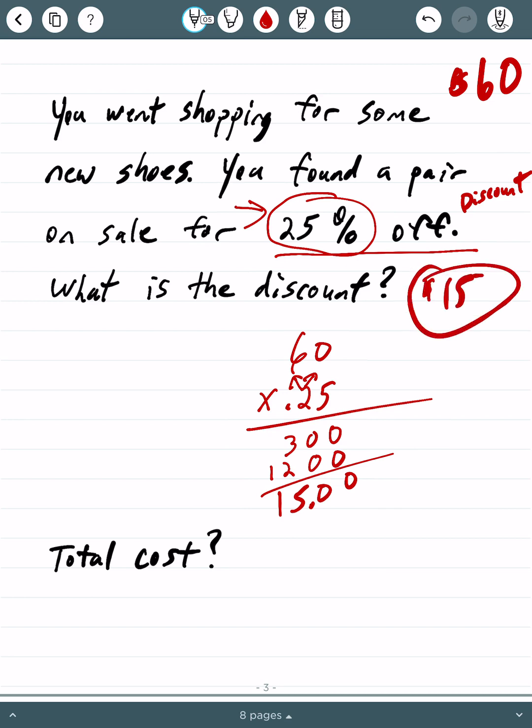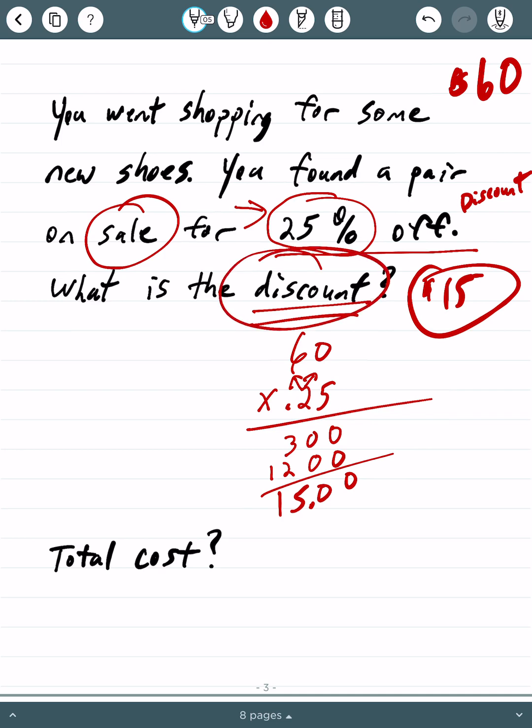What makes me so crazy is when my students now go in and add that on to 60. Now I want you to think about what that means. Somebody's going to sell you something for $60 and they're telling you they're going to give you a discount. It's on sale. You get to save money. It's $60 on sale, but you get to pay $75. Okay, guys, that's not a discount. That's a ripoff. So a discount or a sale, you have to subtract this number.